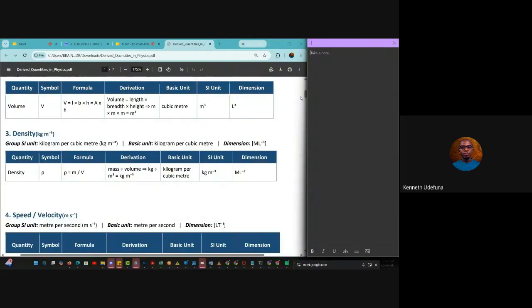Before you can derive either SI units or dimension of any quantity, these are the steps that you need to take. First of all, state the quantity. You need to tell us what quantity we're talking about. That's the first thing you are going to do.